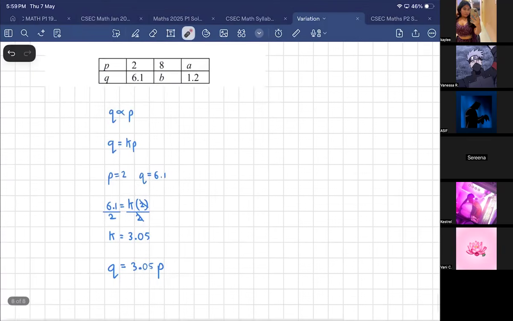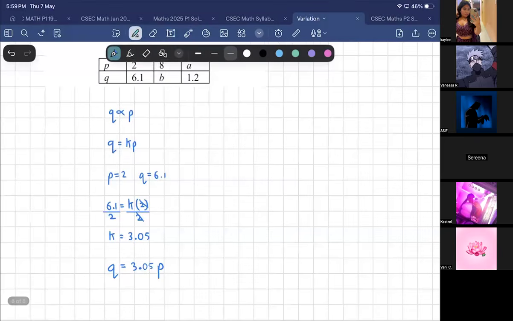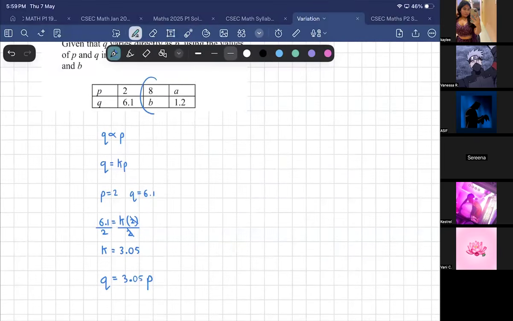Nice. And so let's answer this question now. Over here, they're telling us that P is what? 8. And Q is B. Now, do we have an equation linking Q to P? Q equals KP. That was a vague statement because we didn't know what K is.